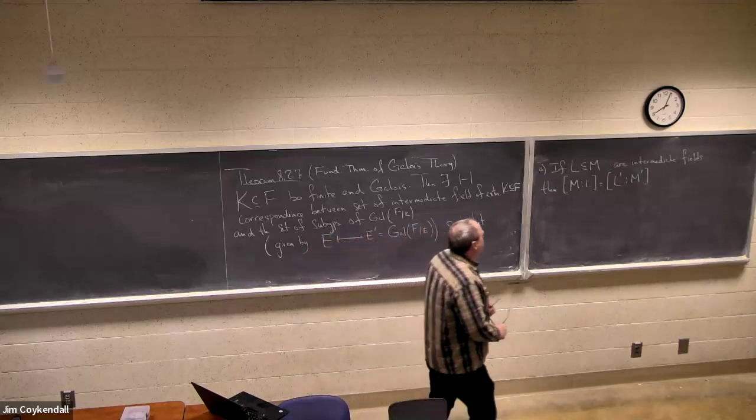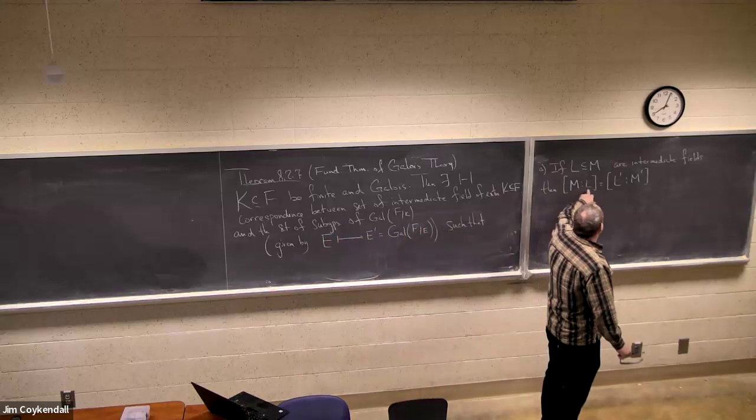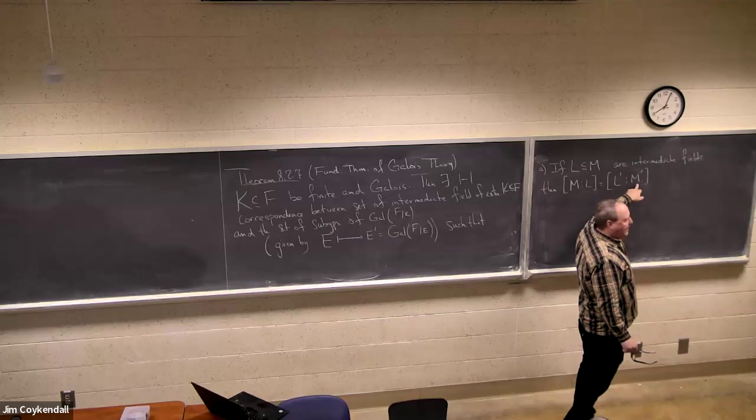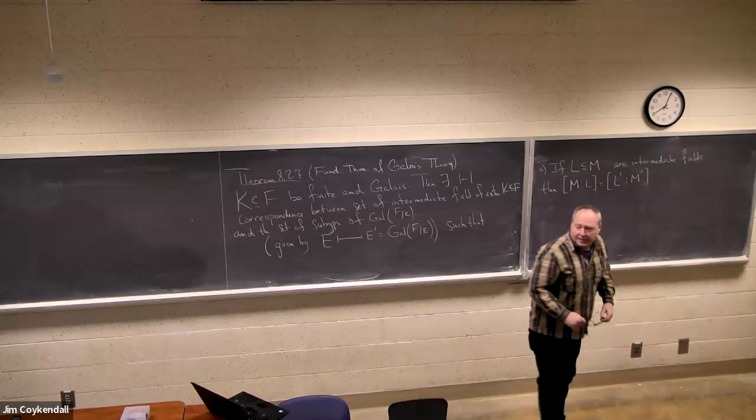So this is, of course, the vector space dimension of M over L, and this is the index of the subgroup M prime in L prime.